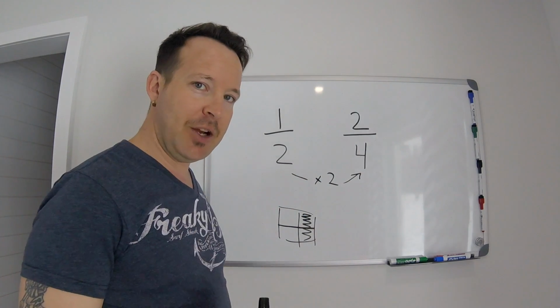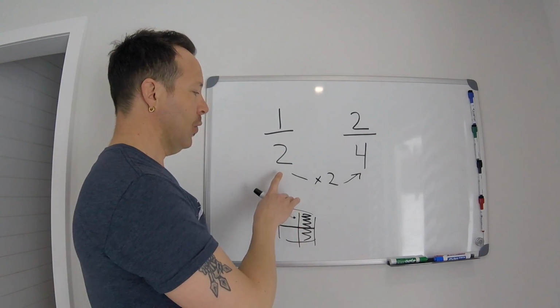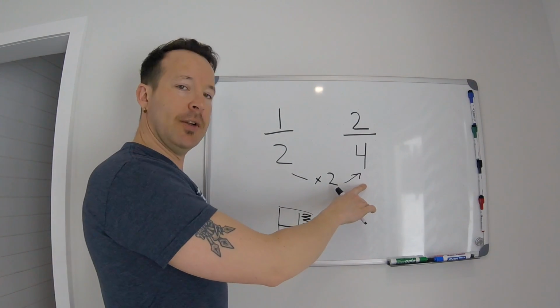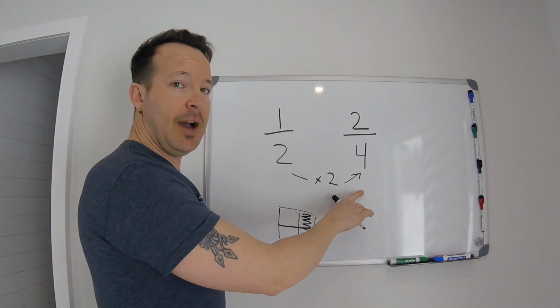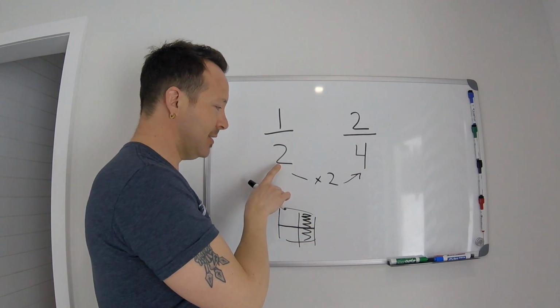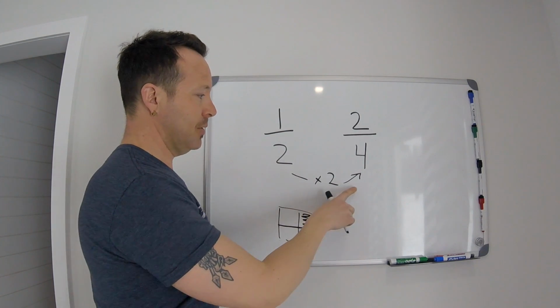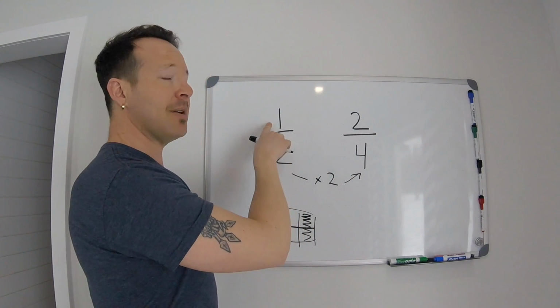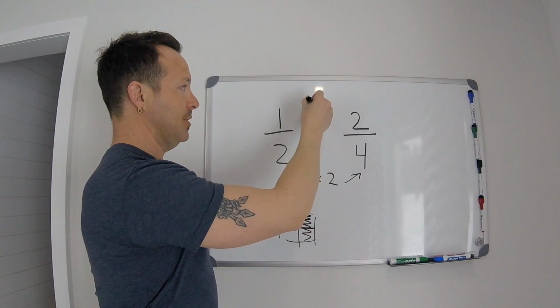Now the secret with making equivalent fractions is whatever I do to one of these numbers, so whatever I do to the denominator, I do the exact same thing to the numerator. So if I multiply the denominator by 2, 2 times 2 is 4, then I must multiply the numerator by the same number, times 2.